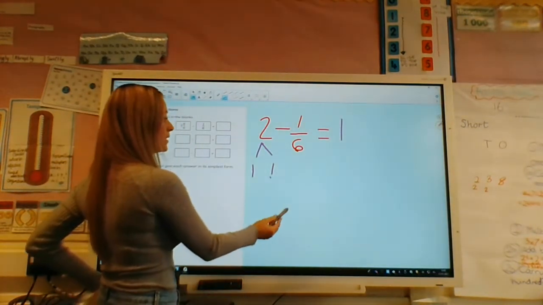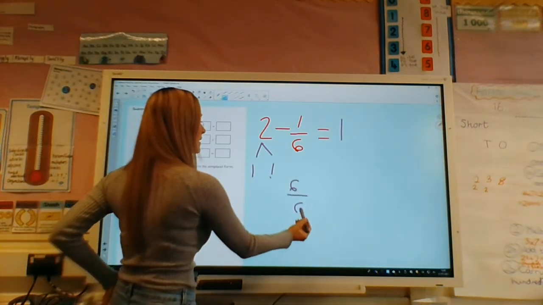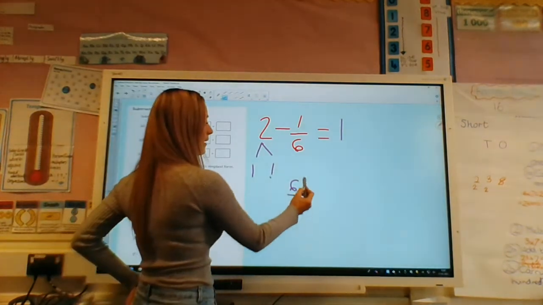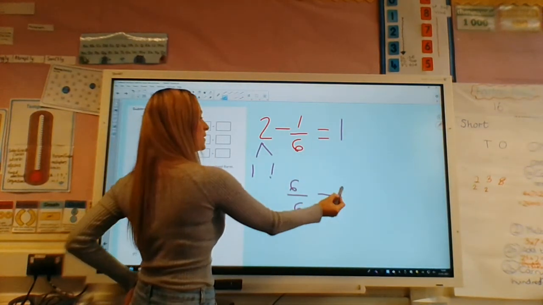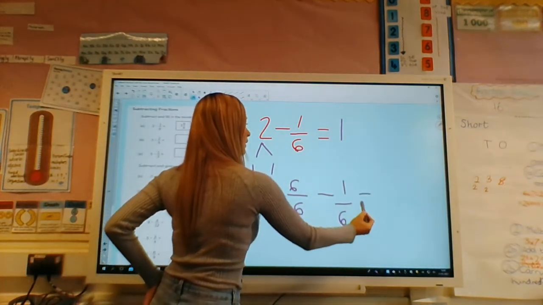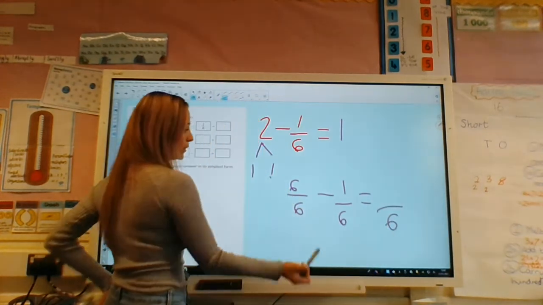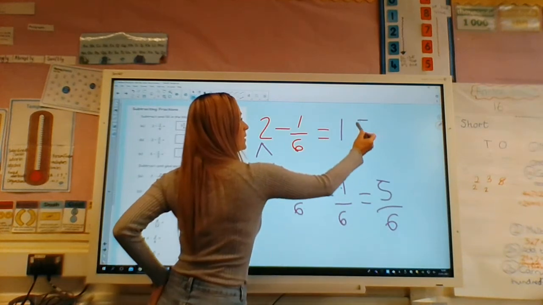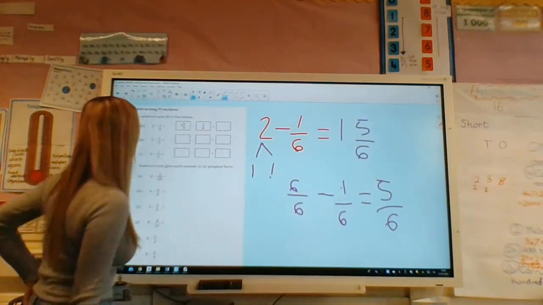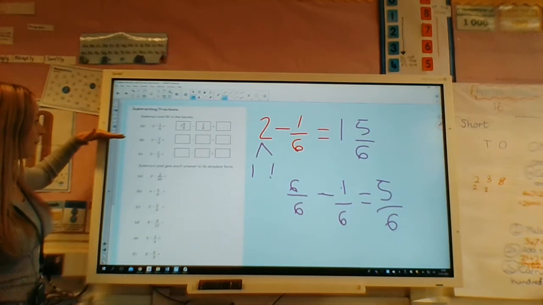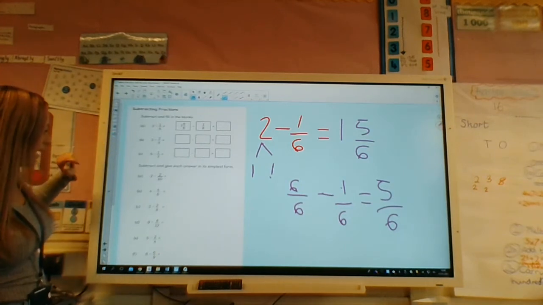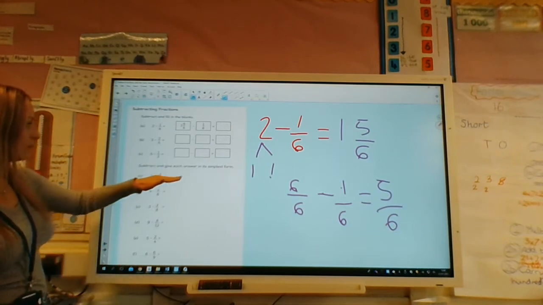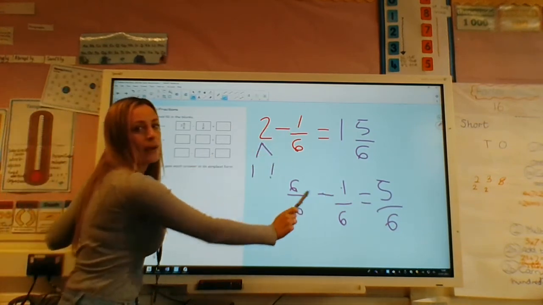So one whole in this scenario would be 6 sixths, because the denominator is 6. And then from 6 sixths we're going to subtract the 1 sixth. The denominator stays the same, and all you're doing is 6 subtract 1, which is 5. So that's your fraction, 5 sixths. Then you've got a similar one on B and C, and then you've got A to F, where they don't structure it for you, but you can structure it however you want to.